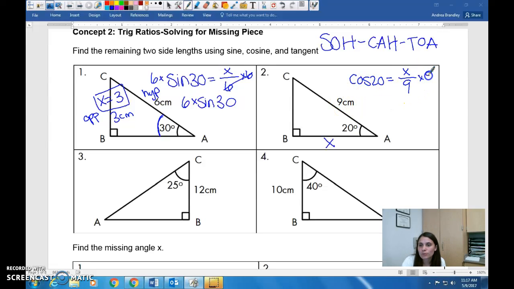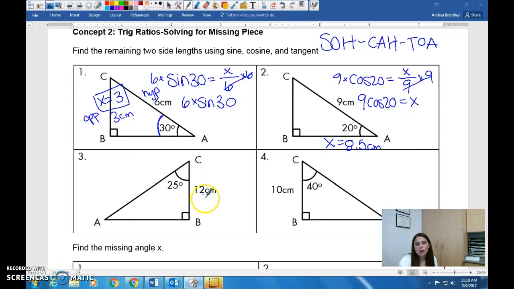Again, I can solve this for x if I multiply by 9 on both sides. So 9 times the cosine of 20 equals x. If I enter that in my calculator, 9 times the cosine of 20 is equal to about 8.5. So this side that I'm looking for is 8.5 centimeters.